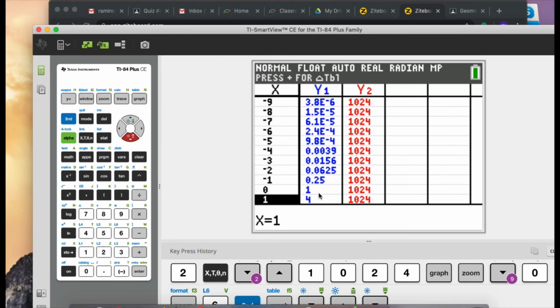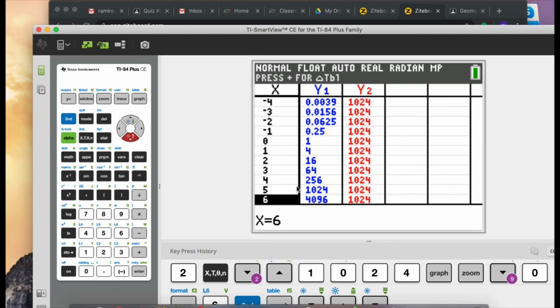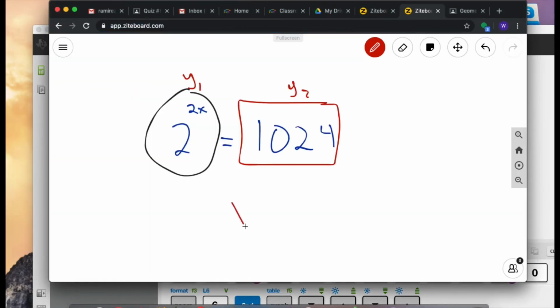So I have 1, 4. I need this column to equal this column. So as we start going higher, right there, there's my two numbers, 1024, 1024. So my answer is 5. So that is how I can solve this using my graphing calculator. I graph it and just look for where the two graphs intersect.